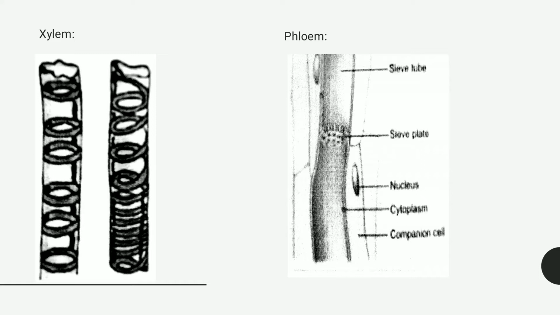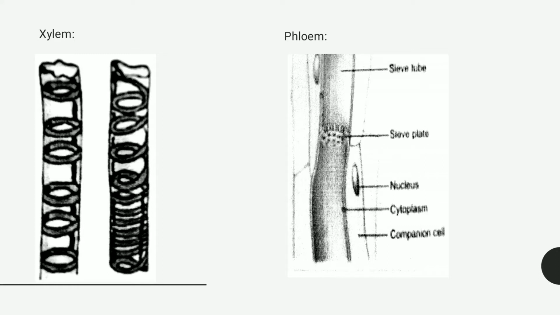So now the last part is our phloem. Phloem is responsible for transportation of organic substances from their manufacturing site to the whole plant, like from the leaves to the other parts of the body in the form of sucrose. They again are transferred through a tunnel-like structure.